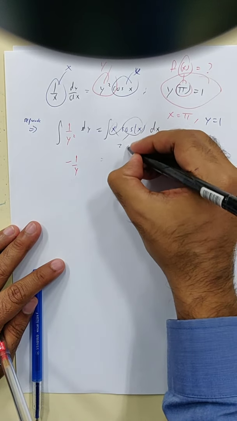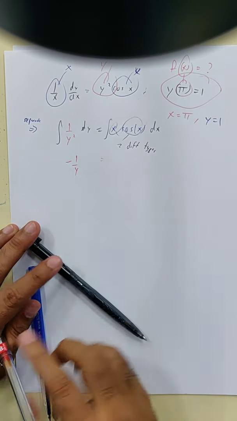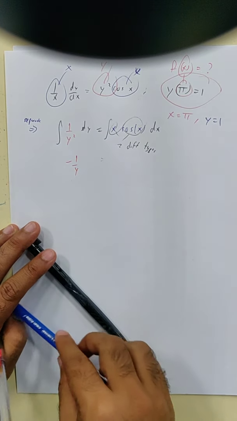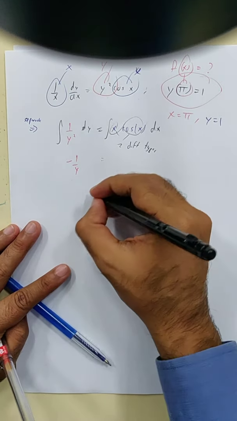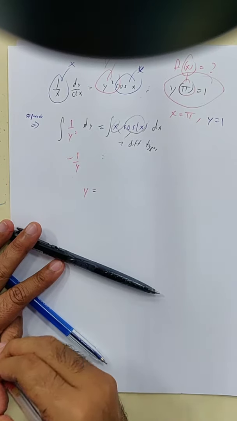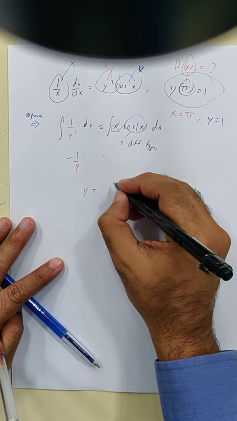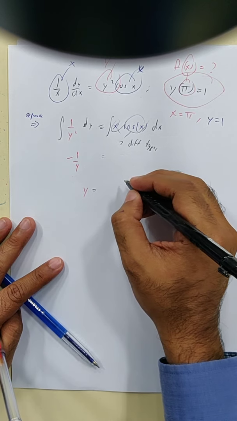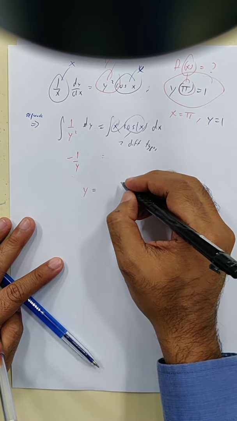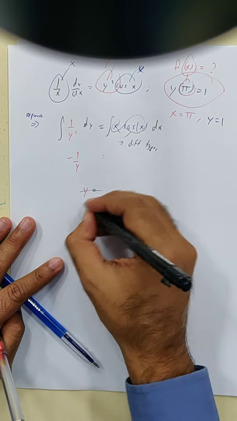Two different types, so it's by parts. Okay, I'm not going to do by parts with you right now. It's going to take quite a long time. Just going to go straight away to the spoiler alert. y equals to, okay, I don't have that one.